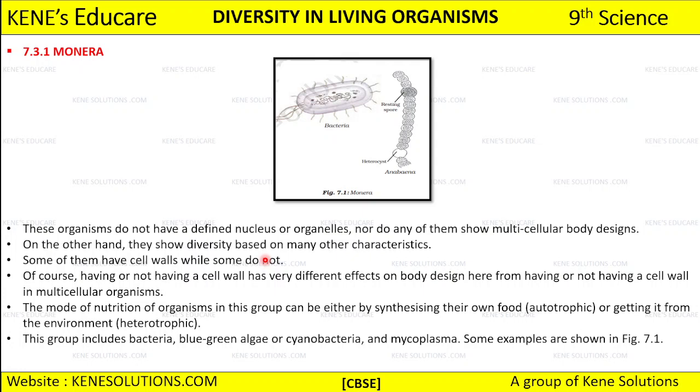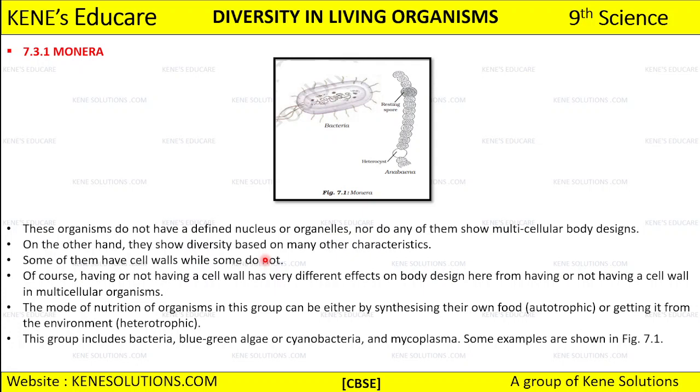If the cell wall is present in an organism that comes under kingdom Monera, then because it has a cell wall, the effect on the body design is going to be different. If it does not have a cell wall, the effect on the body design is going to be different.